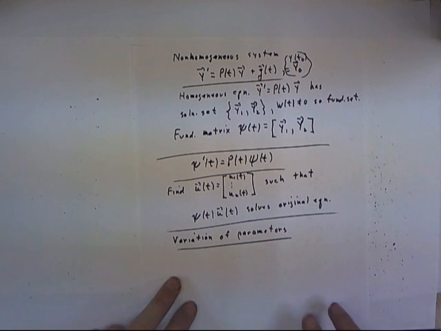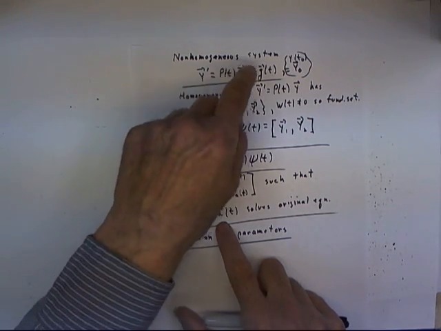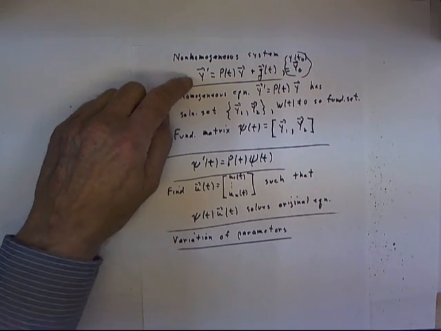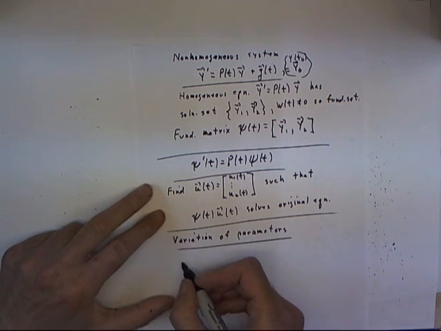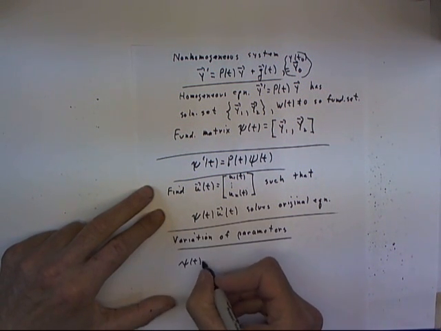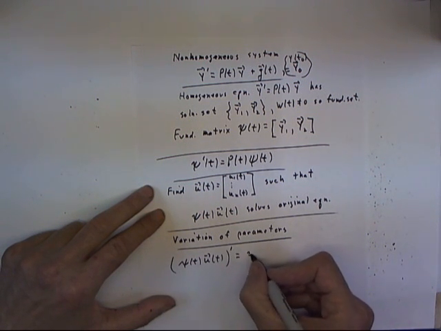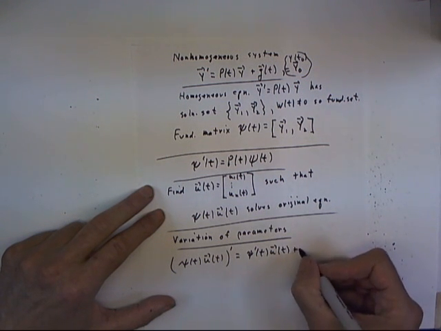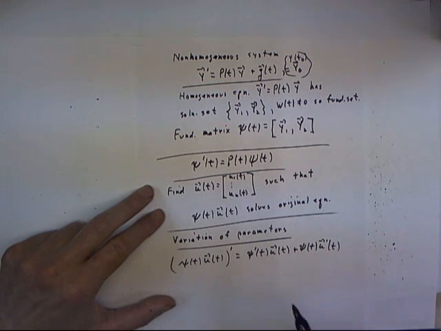So to begin to apply the variation of parameters, what are we going to do? Well, we're going to plug this solution back into this equation. That's very easily done. We first have to find an expression for the derivative of this function, but that's easily done. We just apply the product rule and we get psi prime of t u of t plus psi of t u prime of t.